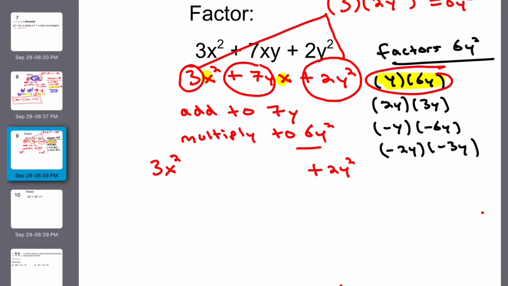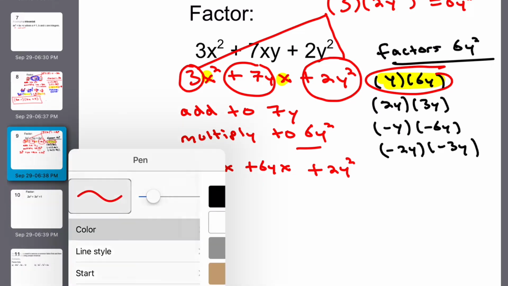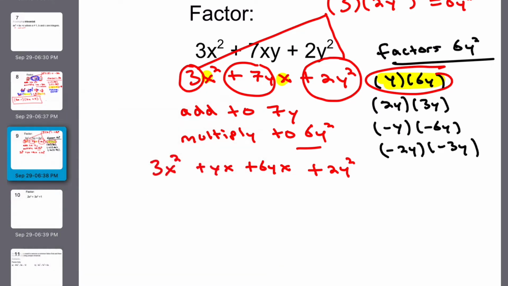So technically, we're adding in a plus y with an x attached to it, because that's the variable. And our other magic number is a 6y, so plus 6y, also with an x attached to it. Okay? So now we have our four terms there. Now we slice this in half imaginarily, and we common factor both sides on their own.